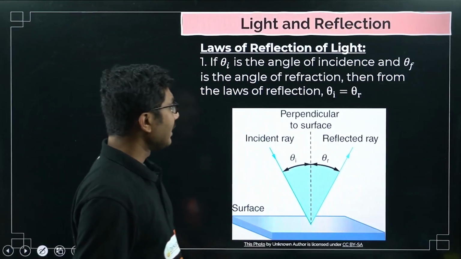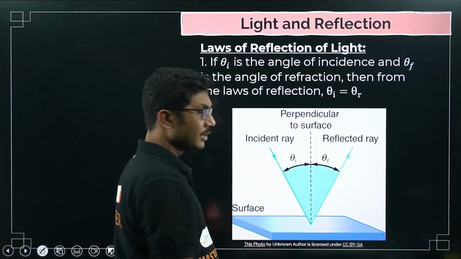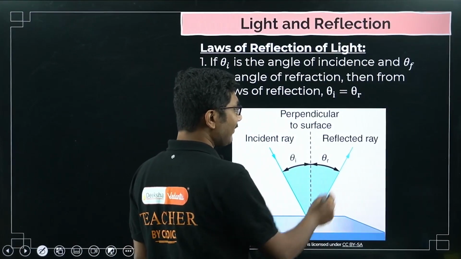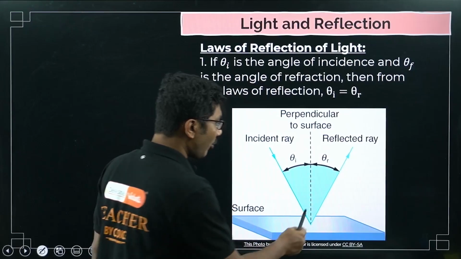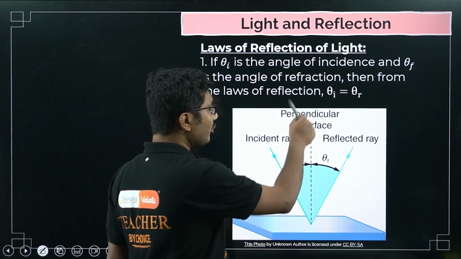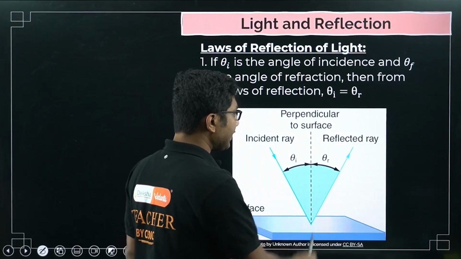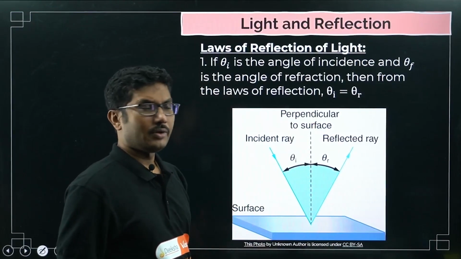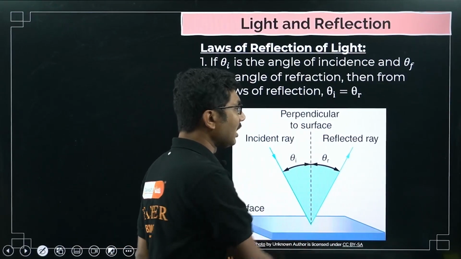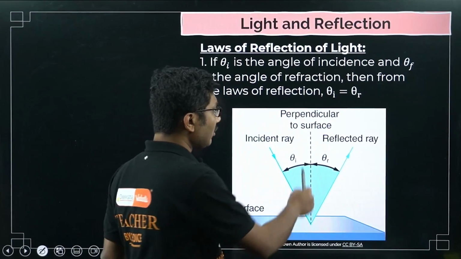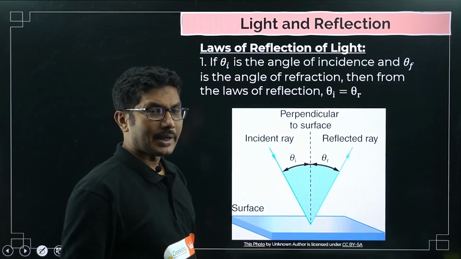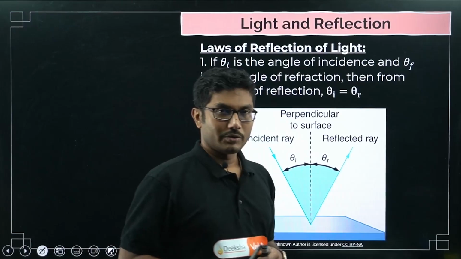And we know that if a ray of light is falling on a medium and it is reflecting like this, then at the point of incidence, if we draw a perpendicular to the plane, this is called the normal.